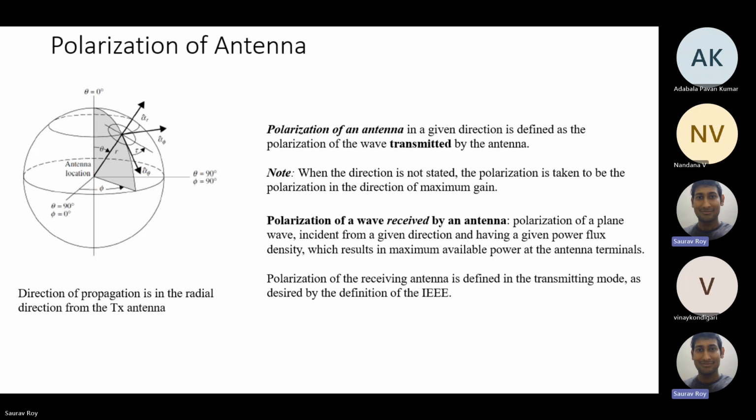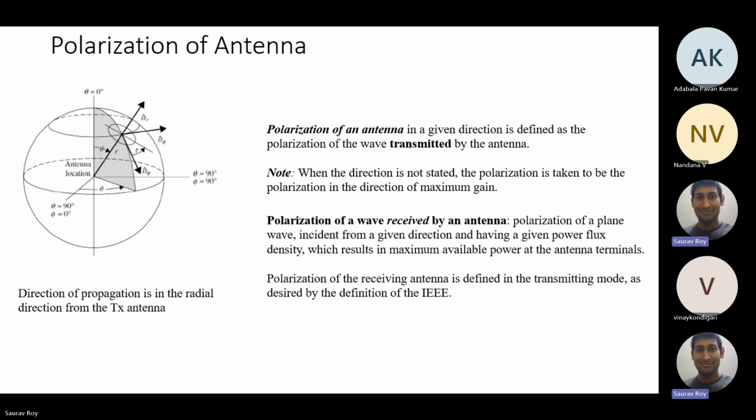So yeah, now I will tell you that this definition is not so important, but the actual practical implication is that it is defined in the transmitting mode. Even for a receiving antenna, polarization will be defined as in the transmitting mode. The IEEE definition says that even for a receiving antenna, you see what would be the polarization for the transmitting mode of the same antenna.